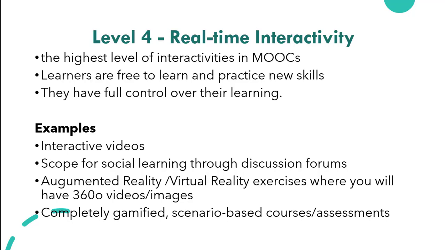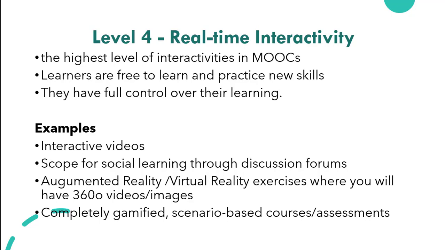Now we'll move on to the last level of interactivity, that is real-time interactivity. This fourth level of interactivity is the highest level in massive open online courses. Here, learners are free to learn and practice new skills as well as have control over their own learning. So students take responsibility for their own learning by interacting with the computer software in the fourth level of interactivities.